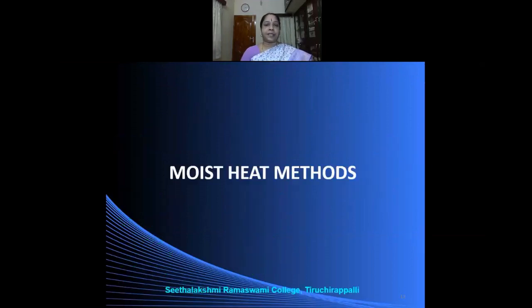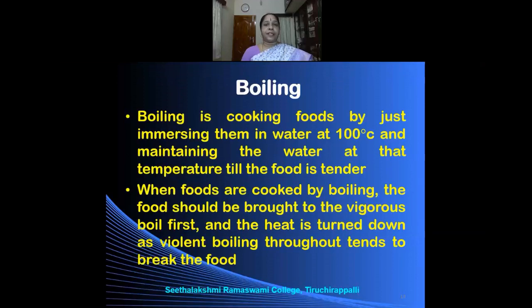Moist heat methods. The first and the most used method in moist heat cooking is boiling. Boiling is cooking food by just immersing it in water at a temperature of 100 degrees centigrade and maintaining the water at that temperature till the food is tender.